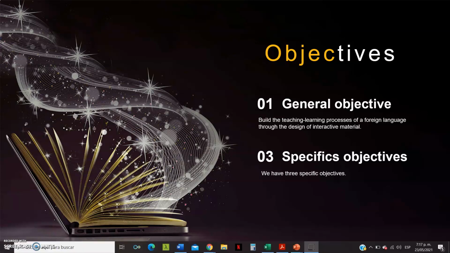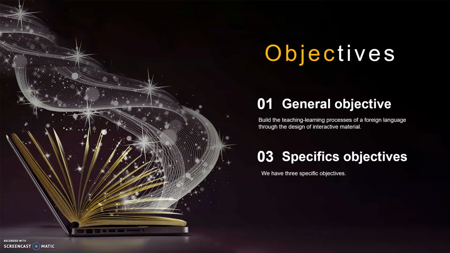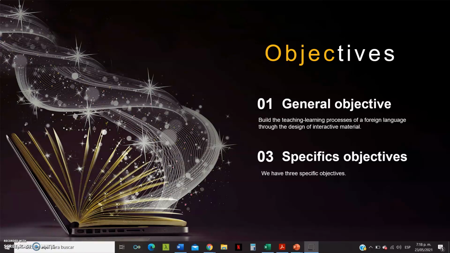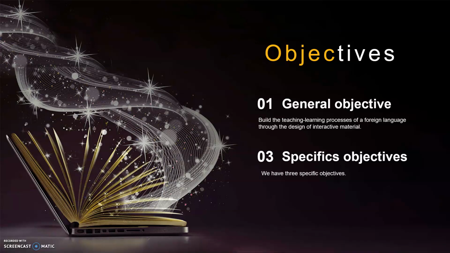Objectives. General objective: build the teaching-learning process of the foreign language through the design of interactive material. Specific objectives. We have three specific objectives. Number one, identify how listening skills are developed in a foreign language through the design of interactive material that strengthens learning.